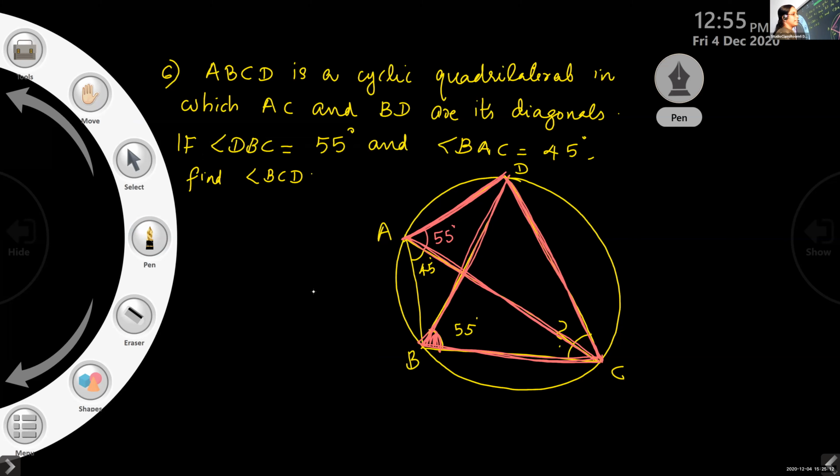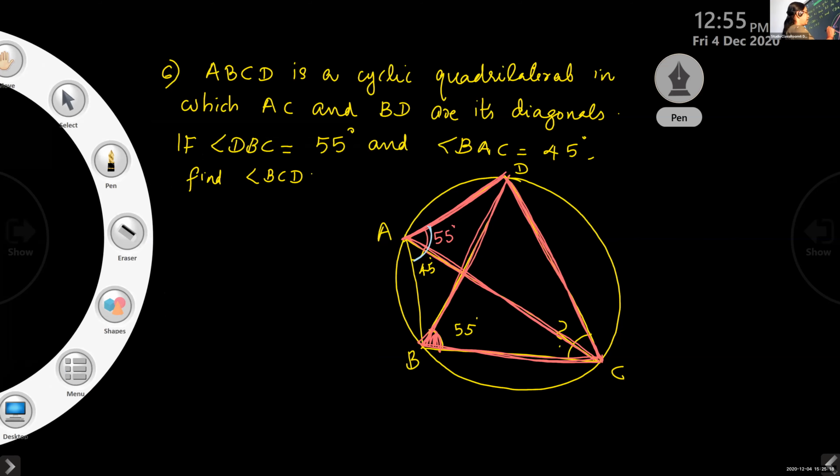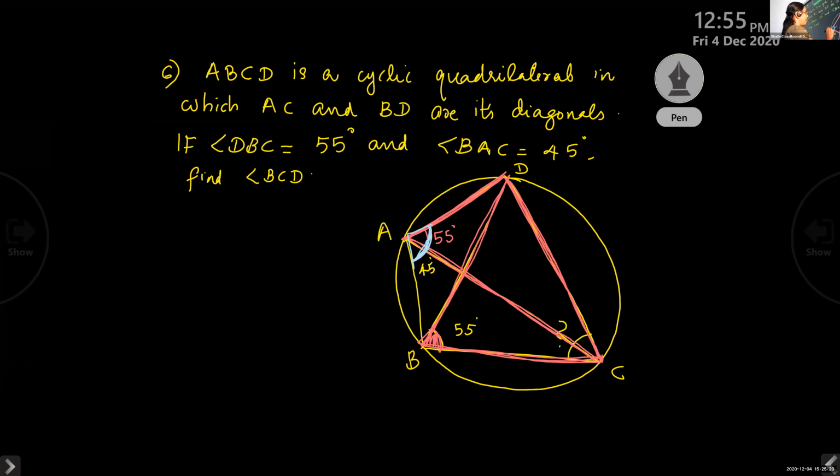What property is used? Opposite angles of a cyclic quadrilateral, when you add, you will get 180 degrees. So you have to find this total. 45 plus 55 is 100. So 180 minus 100, that is 80. So when you add 80 and 100, it should be 180 degree.